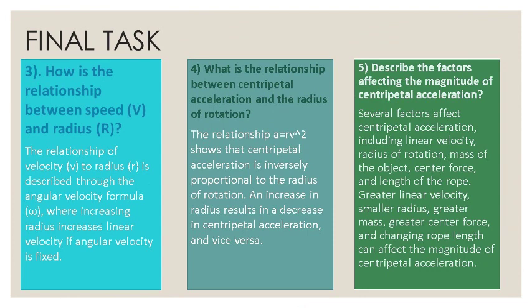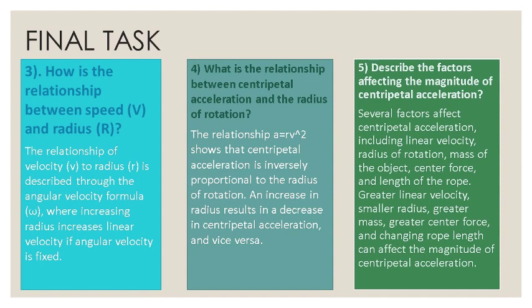Three, how is the relationship between speed, or v, and radius, or r? The answer is that the relationship of velocity v to radius r is described through the angular velocity formula, v equals omega r, where increasing radius increases linear velocity if angular velocity is fixed.